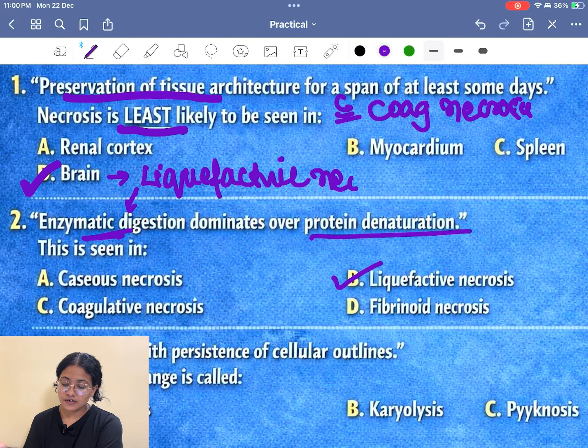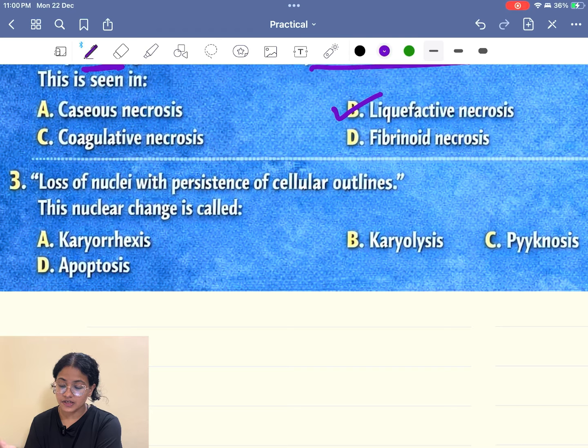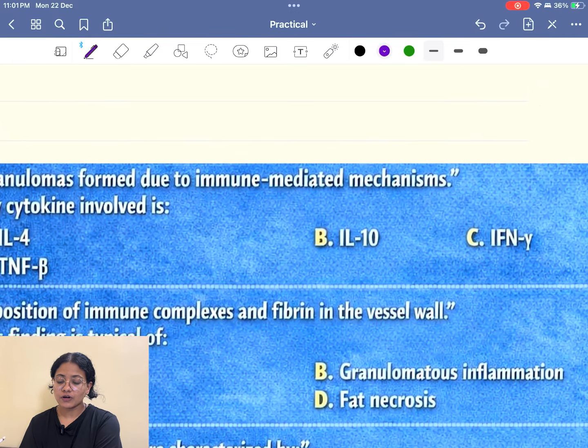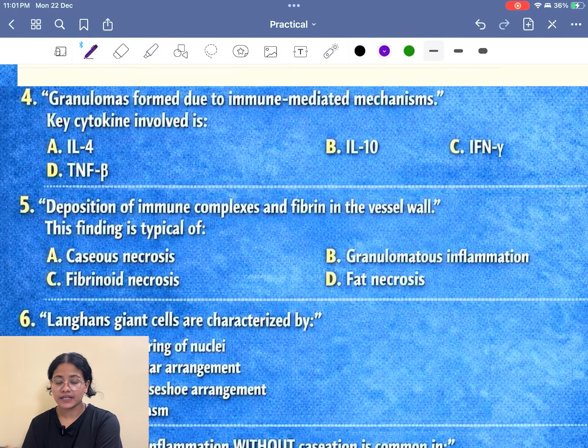Next, loss of nuclei with persistence of cellular outlines is usually seen in. Loss of nuclei with persistence of cellular outlines is seen in what? It is usually seen in apoptosis. Okay. Next, you have granulomas formed due to immune complex mediated mechanisms. I've done an extensive video on granuloma and TB, so I've linked it here, please go and see.